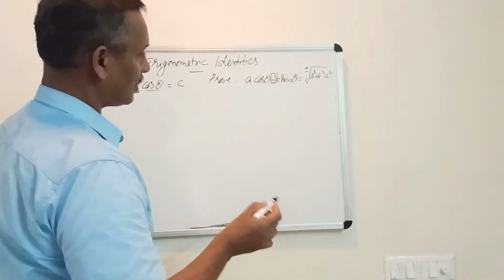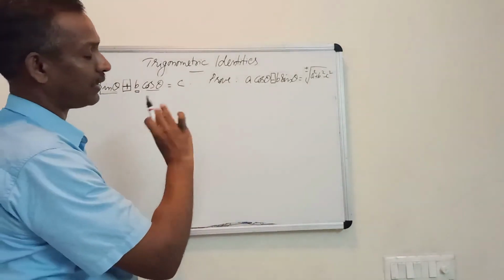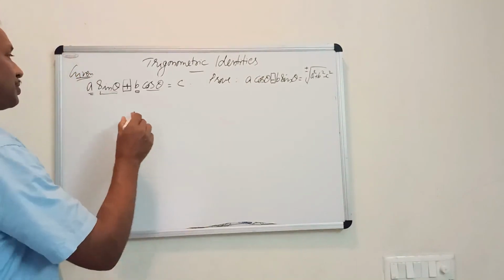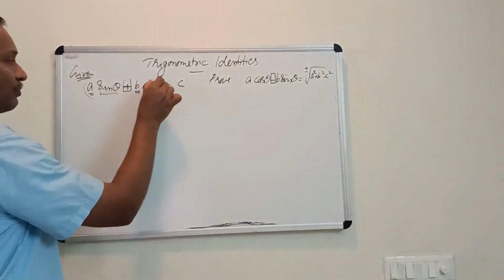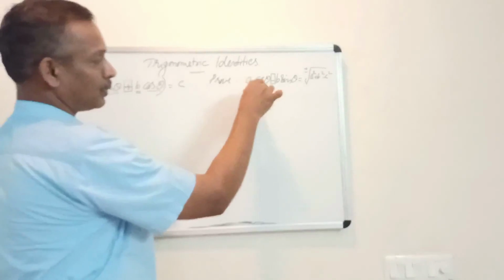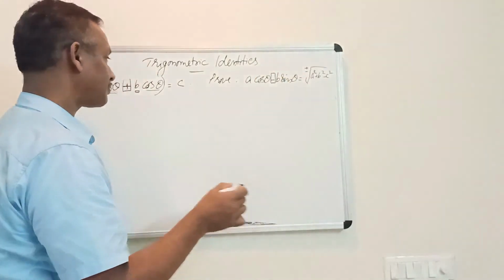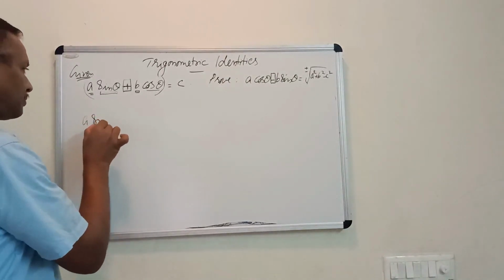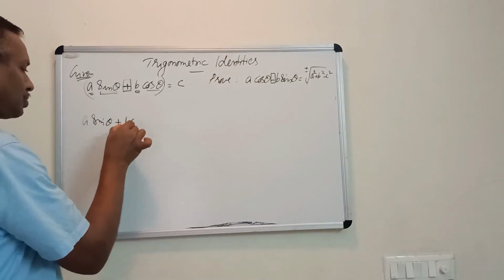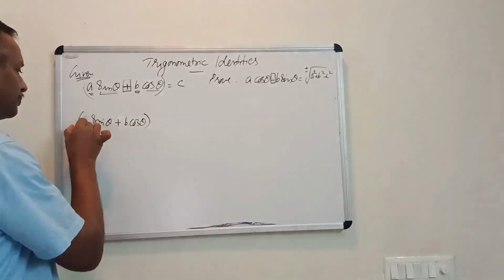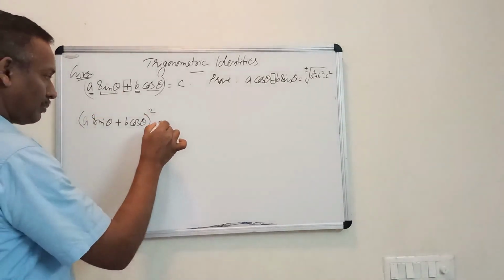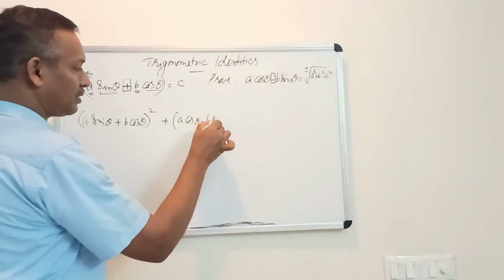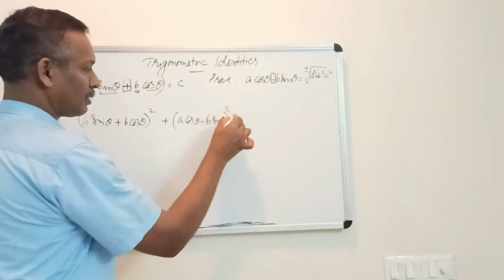If you have this type of relation, that means the coefficients of sine and cos are interchanged in the given and the to-prove, in such a question you have to take the whole square of this and of what is to be proved, and add like this. a sin theta plus b cos theta, the whole square, plus a cos theta minus b sin theta, the whole square.